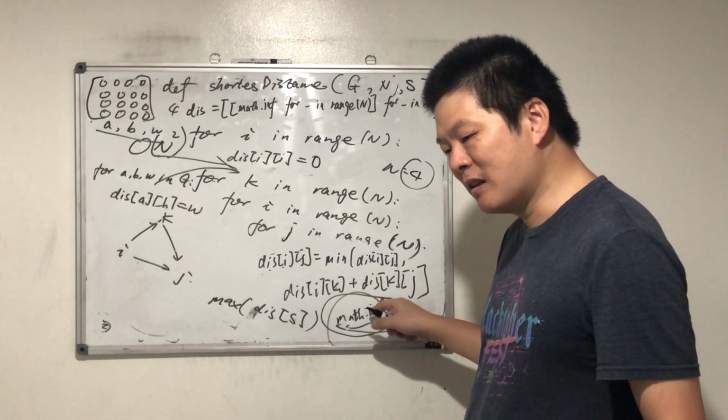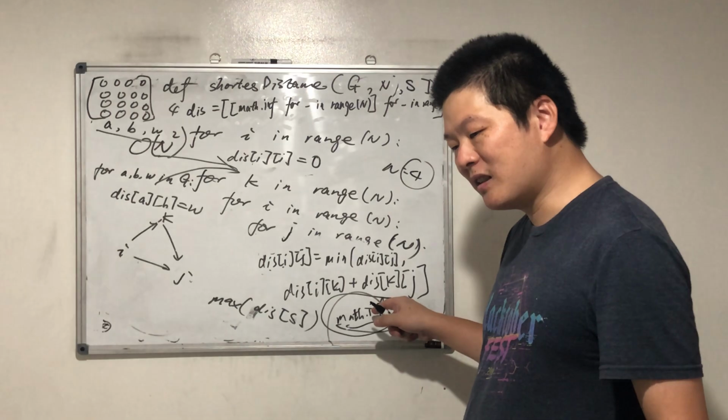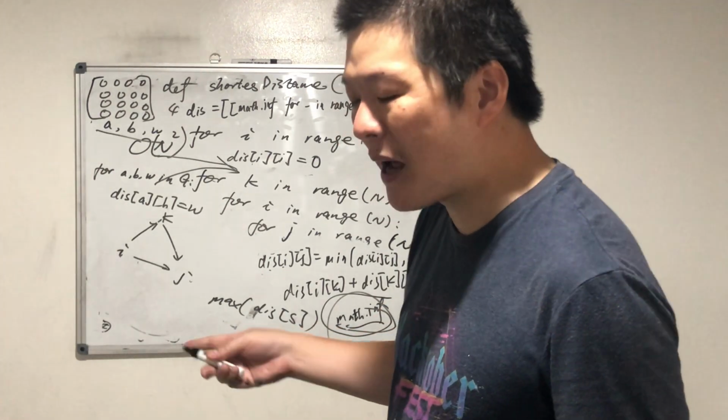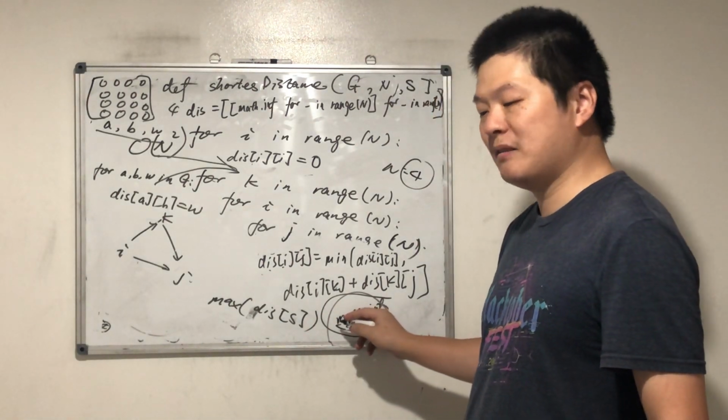Come on, I mentioned this at the beginning. It means that there's no path, right? If there's no path, then the value will still be max dot infinity.